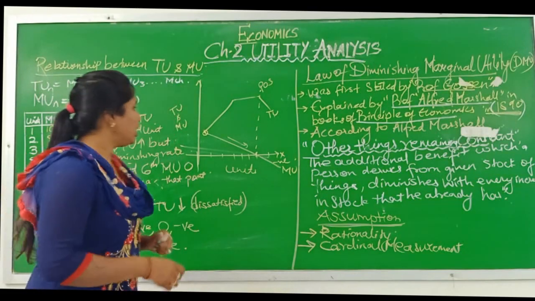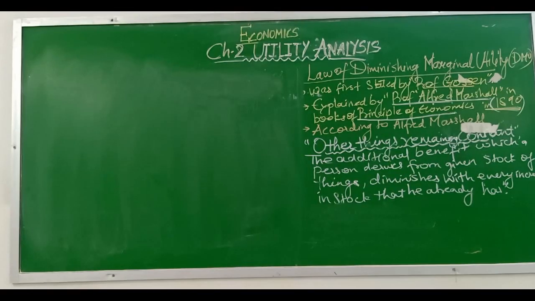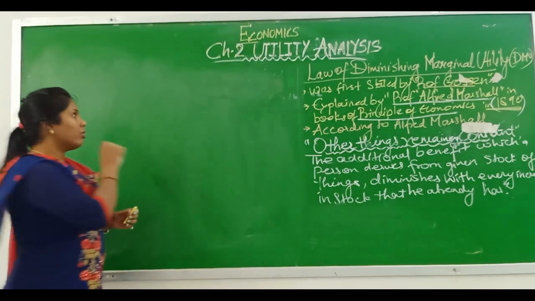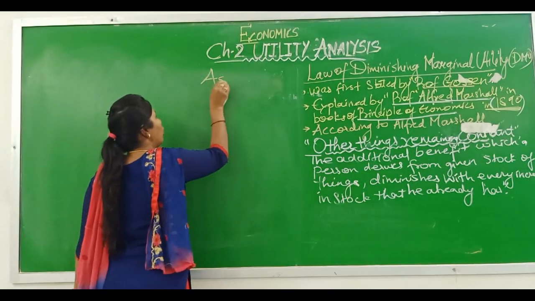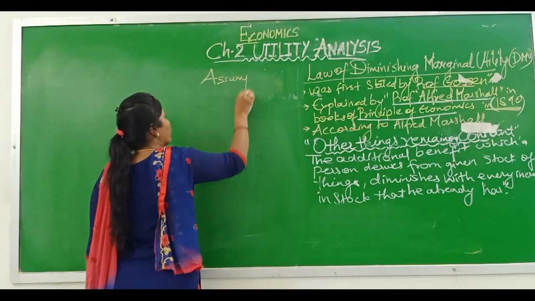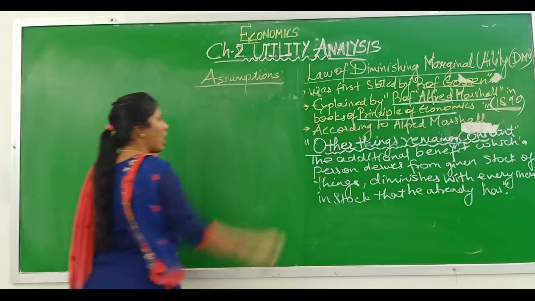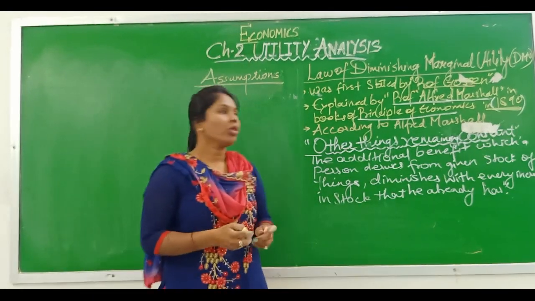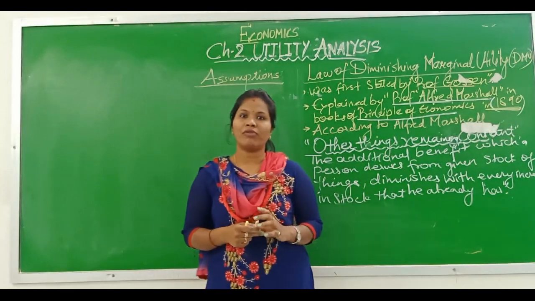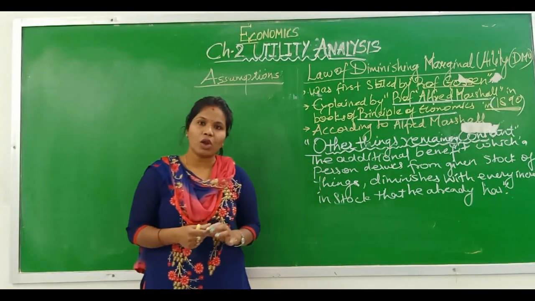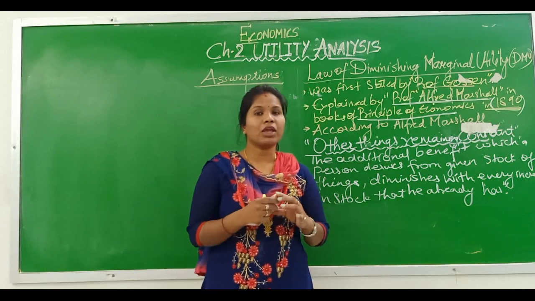What is cardinal measurement? After the law of DMU, let us discuss the assumptions of the law. As we have seen, Professor Alfred Marshall himself has said in the starting of the law, other things remaining constant.